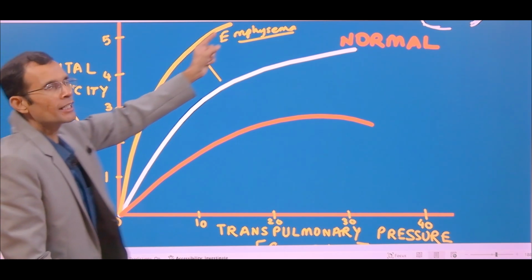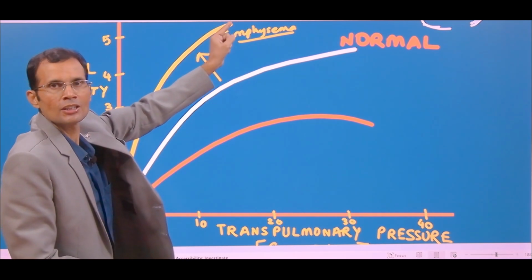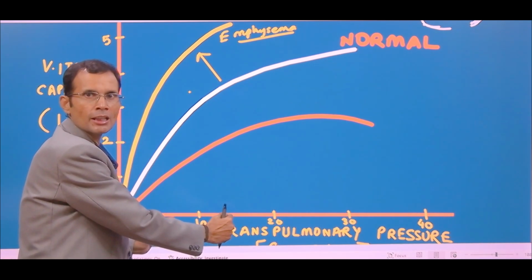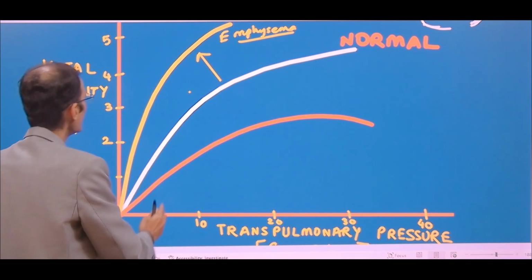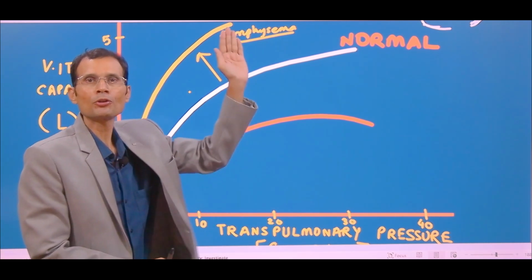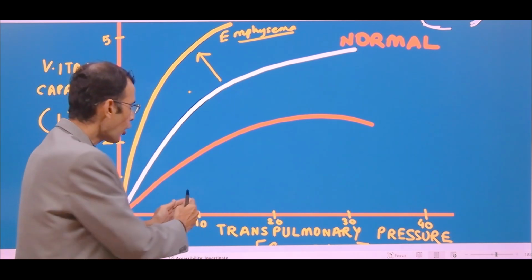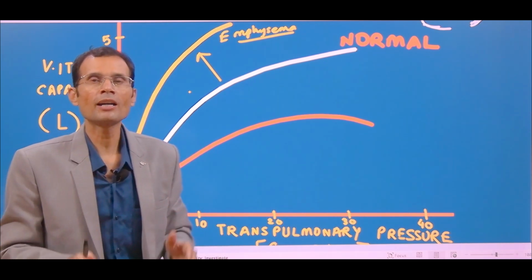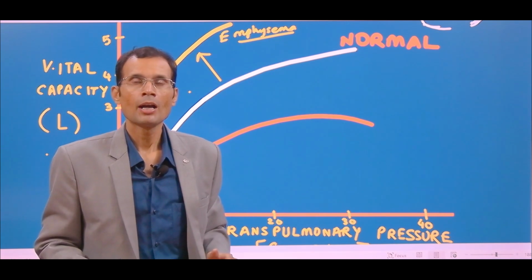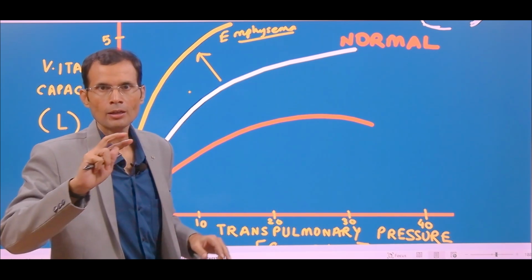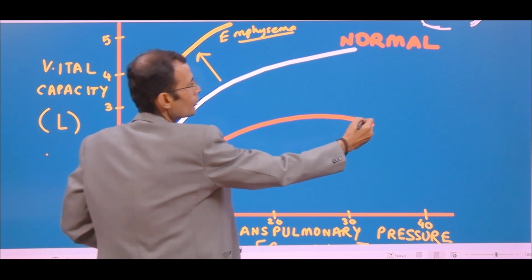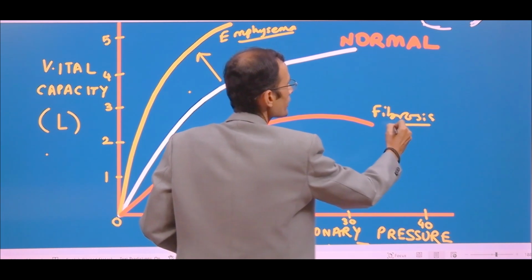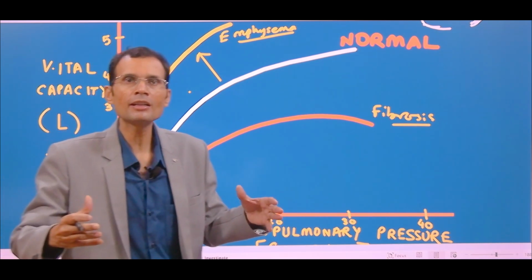And what is the curve telling us? A steeply rising curve, meaning that for a small change of transpulmonary pressure on the horizontal axis, there is a great rise in the lung volume. For a small change in pressure, a great rise in the volume, that means the compliance has increased. And just to let you compare, this curve is of pulmonary fibrosis. In pulmonary fibrosis, the compliance decreases, the stretchability decreases.